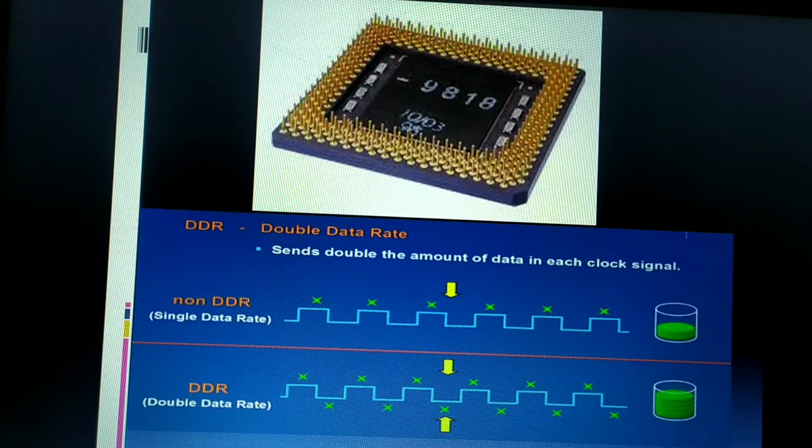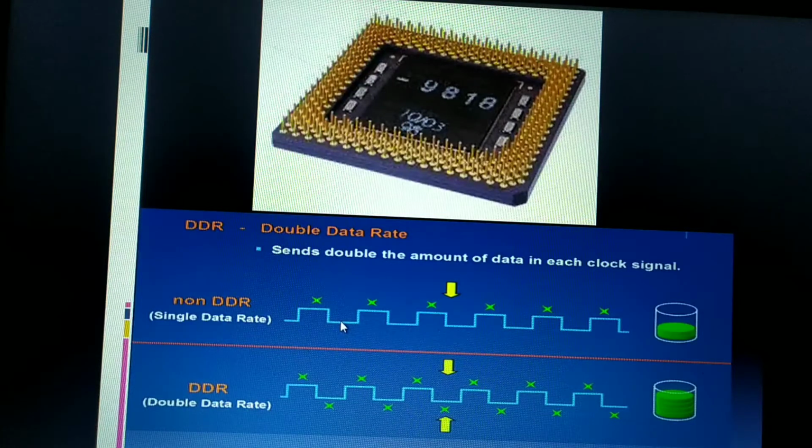Now here I'll just show you an example. This is a non-DDR. Any RAM slots like synchronous dynamic random access memory usually will transfer the data to the CPU only at the rising edge of the clock signal. Usually in the computer system we will be having a clock signal. Whenever the clock signal rises, that means whenever your signal is high, that is 1, then the data will pass.